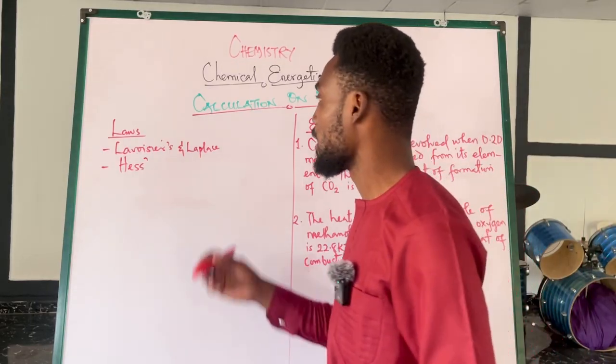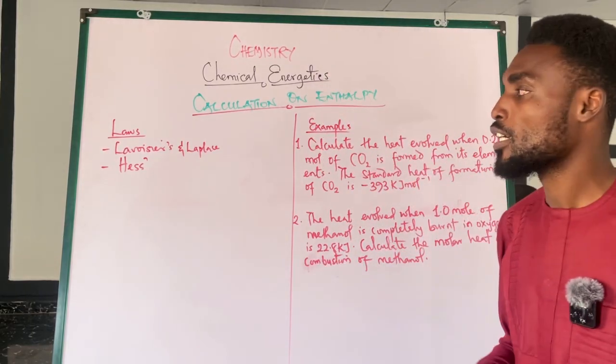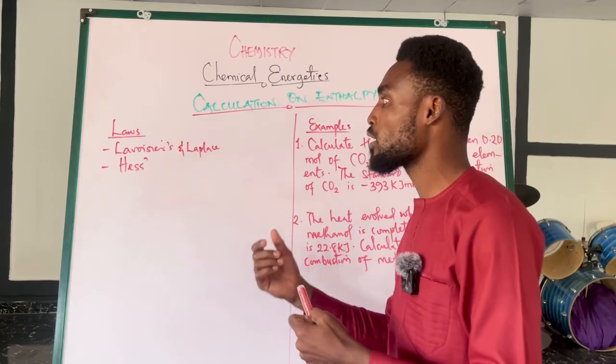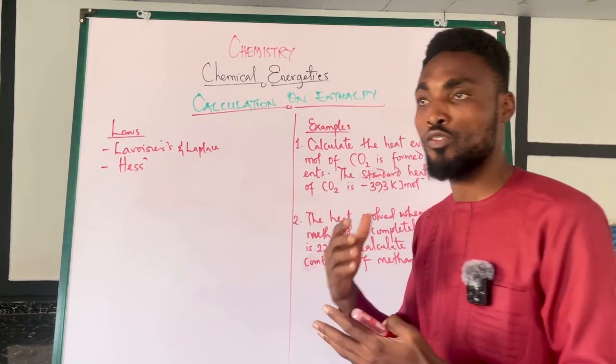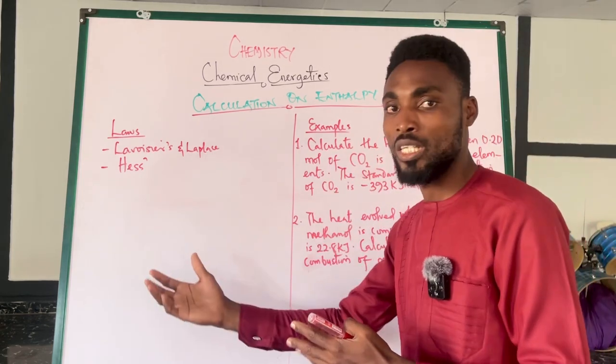Hess's law. The Lavoisier and Laplace law states that during a chemical reaction, the forward reaction and backward reaction have the same amount of energy. Just that if the forward reaction is exothermic, the backward will be endothermic.